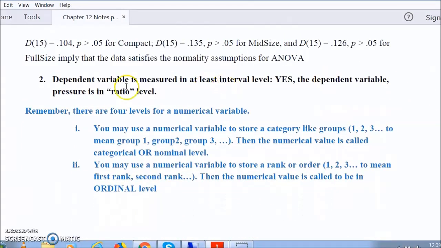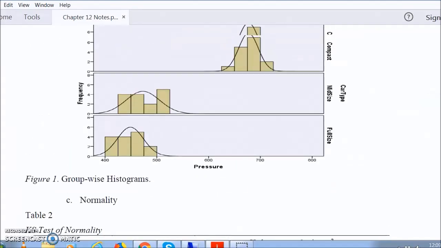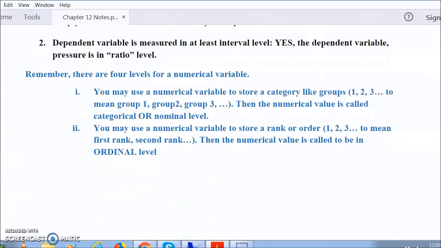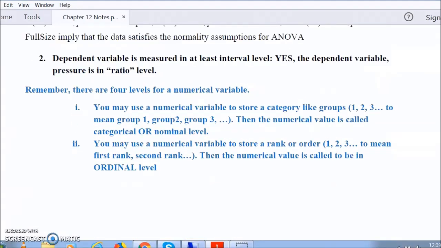The second one is that the dependent variable is at least at the interval level. Yes, they are at the ratio level, so that we can do the statistics on it. Once again, there were 4 levels of data: nominal, ordinal, interval and ratio.